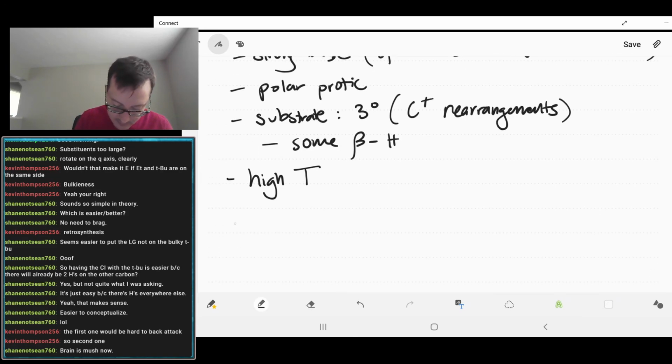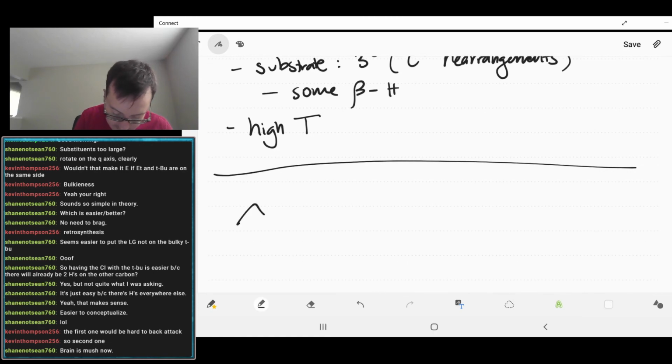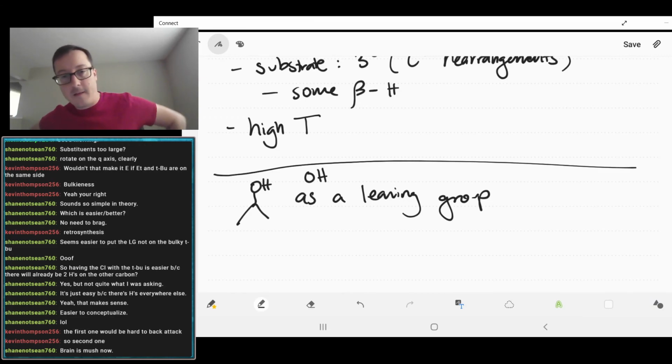Okay, one more thing. We've talked about alkyl halides as leaving groups. Let's talk about oxygens. Let's talk about OH as a leaving group. If you want to do E1 or SN1 with a hydroxy around, generally elimination is easier.